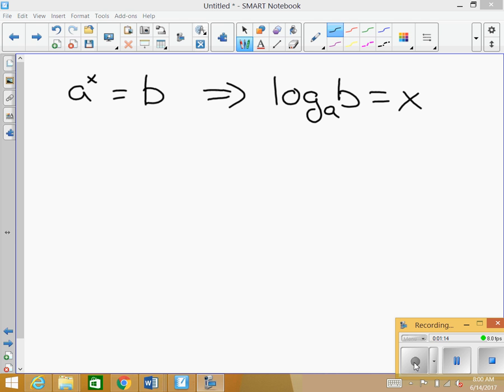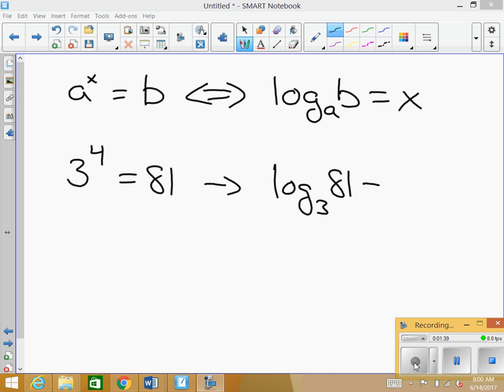And we can see it's an equivalent function between the exponential form and now the logarithmic form. So for example, if I have 3 to the 4 is equal to 81, the logarithmic form of that would be log base 3 of 81 equal to 4.